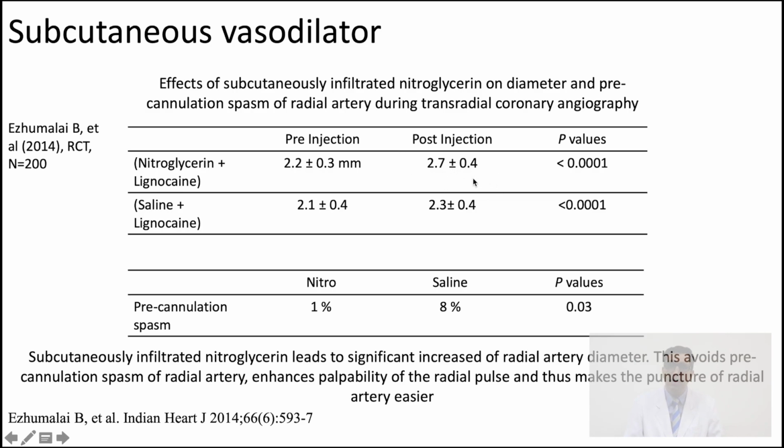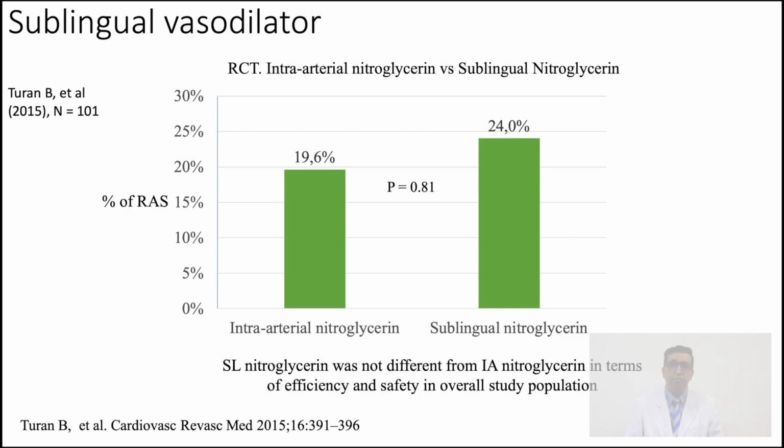This avoids multiple cannulation of the radial artery and may enhance the palpability of the radial pulse, making puncture of the radial artery easier. This study showed that sublingual nitroglycerin was not different from intra-arterial nitroglycerin in terms of efficacy and safety in the overall study population.